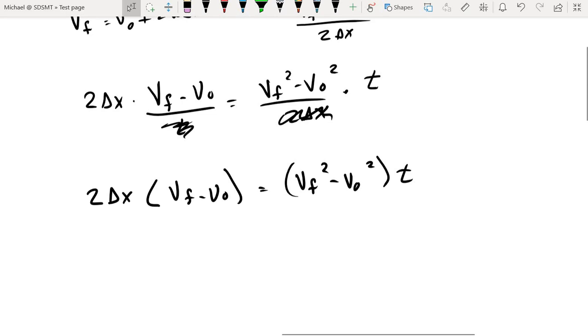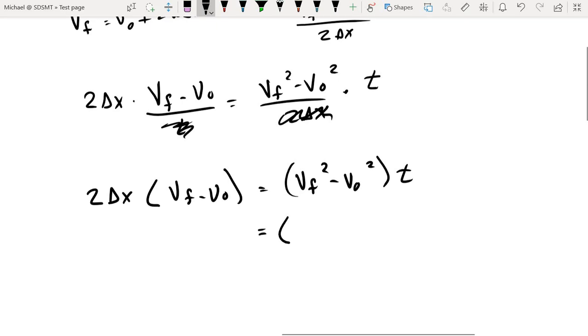And now we need to see if there's anything else that can be cleaned up or factored out. On the left-hand side, we have v final minus v initial. On the right-hand side, we have v final squared minus v initial squared. And that is something that we should recognize, because this is, back in algebra, what we called the difference of squares.